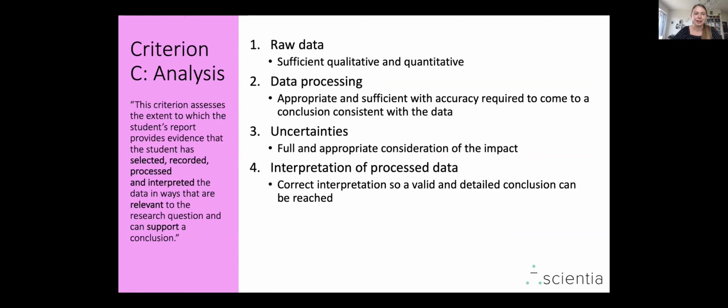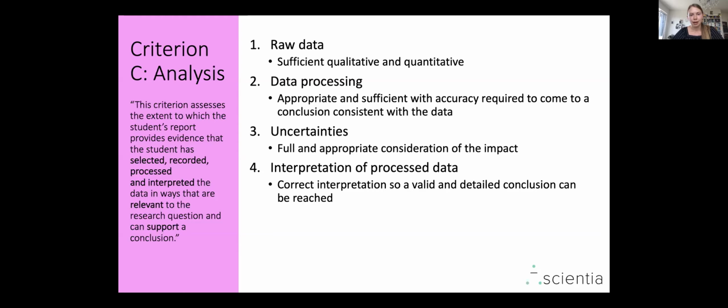Then for criterion C, analysis, in terms of raw data, there should be sufficient qualitative and quantitative data. You need to have enough trials, at least 3, probably more, and also have qualitative, so observational things like color, and quantitative, as in numerical data.